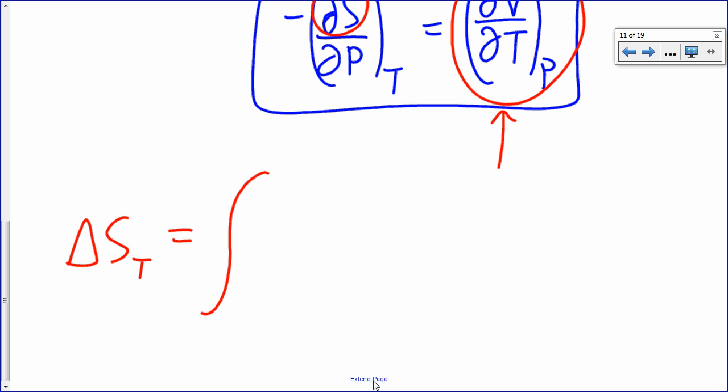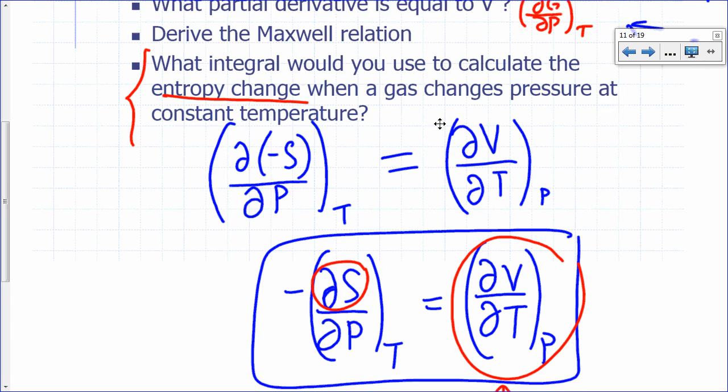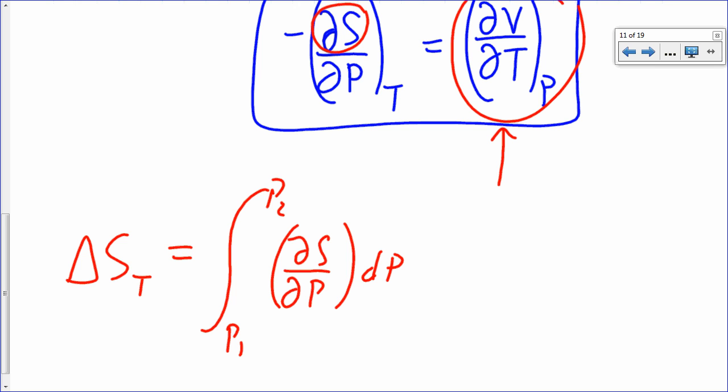Integral of, okay, I'm changing pressure. So from P1 to P2 dP, what derivative goes here? Partial of S with respect to P holding what constant? Temperature.